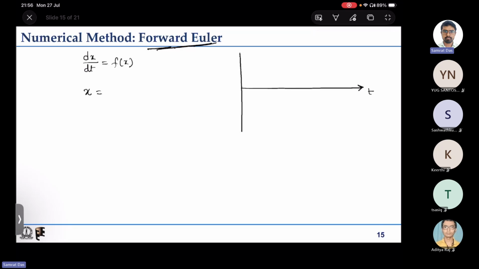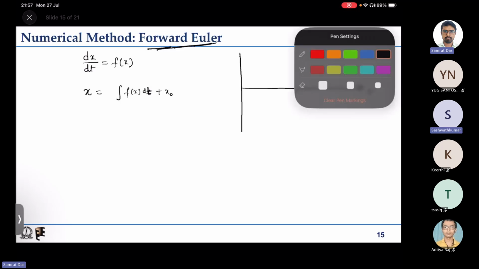Then what is x? x is nothing but the integration of f(x) dt plus the initial condition, right. This is the time integration of f(x) plus the initial condition. The first and second equations are clear.